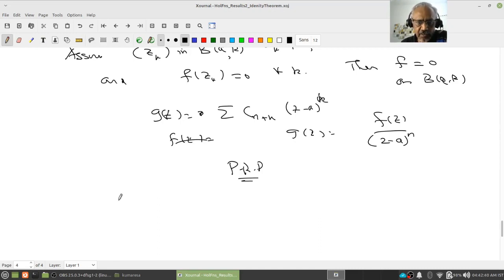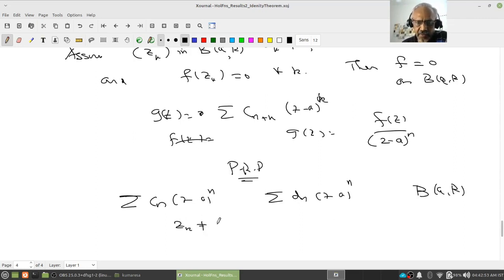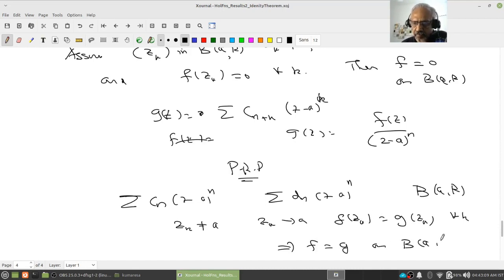Now suppose I have two things. As I said, f equals the sum of Cn (z minus a) to the power n and g equals the sum of Dn (z minus a) to the power n, both converging in B(a, R), and suppose I have zk converging to a, and f of zk equal to g of zk for all k. Then that will imply f must be g on B(a, R). Is that clear? Because I only have to consider the power series (Cn minus Dn) times (z minus a) to the power n.